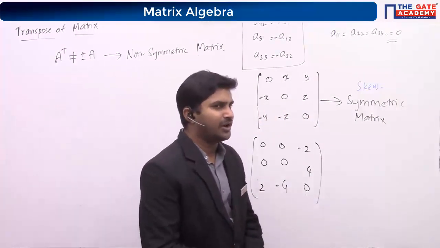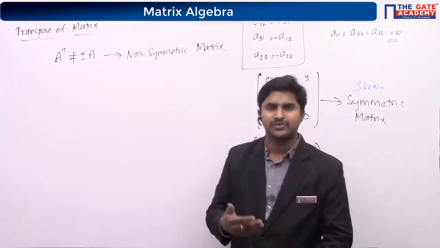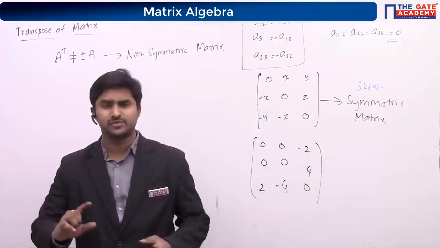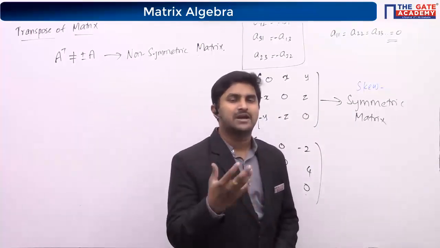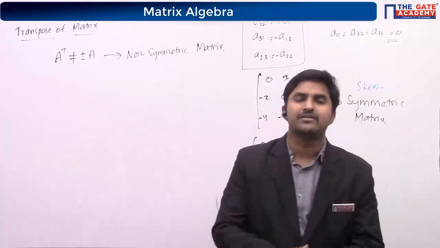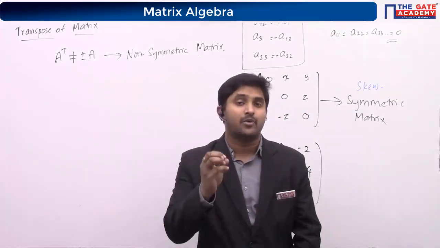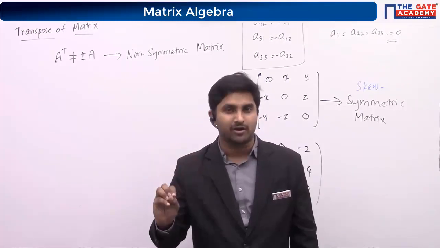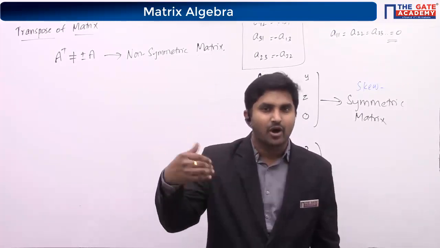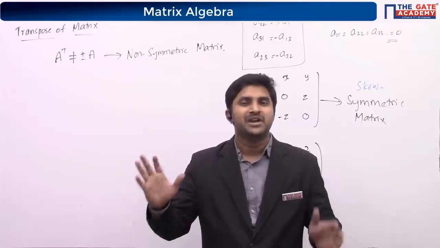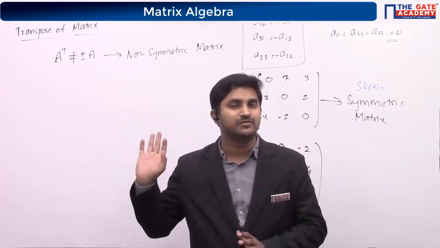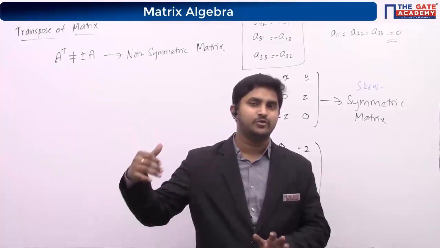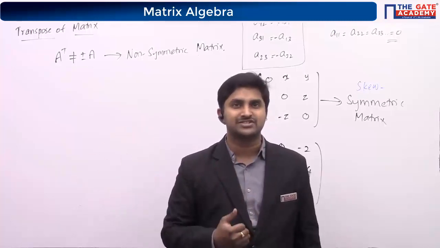One of them is the concept of eigenvalues and eigenvectors, where we effectively use symmetric and skew symmetric matrices. Sometimes you are asked to find the determinant, and if you have a skew symmetric matrix of odd order, meaning a 3 by 3 or a 5 by 5 or a 7 by 7, the determinant is directly going to be equal to 0. After studying the concept of determinant, you can verify with any example that you consider.